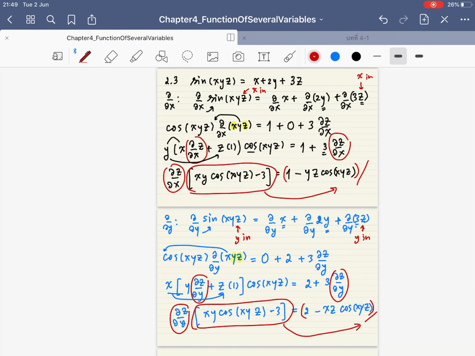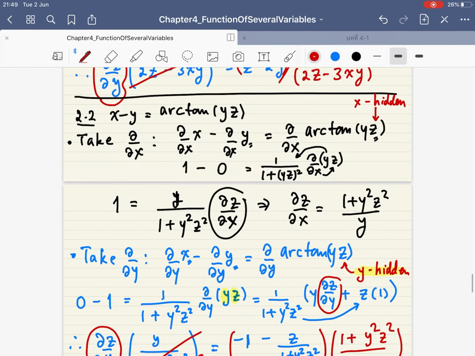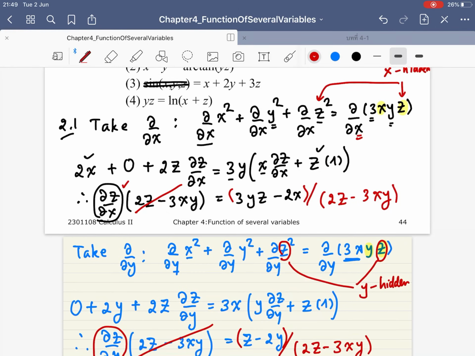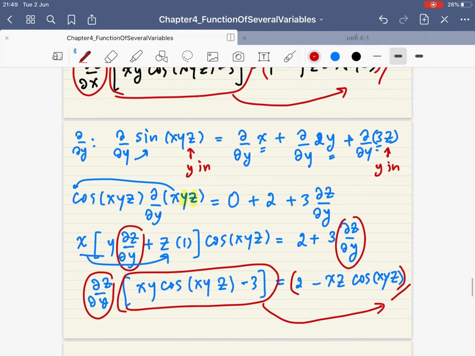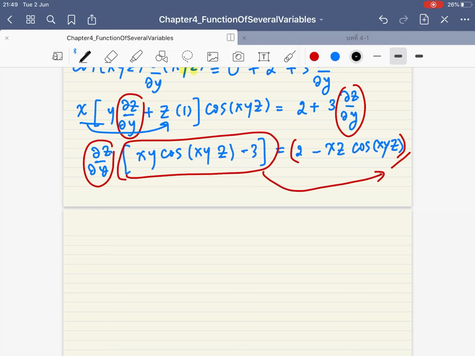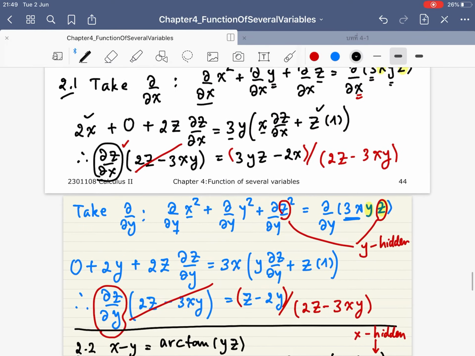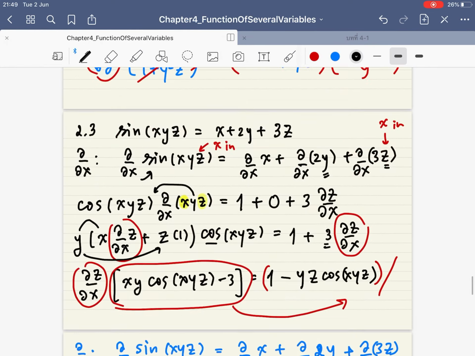All right, so let us look at the last problem, 2.4. It is yz equals to log of x plus z.